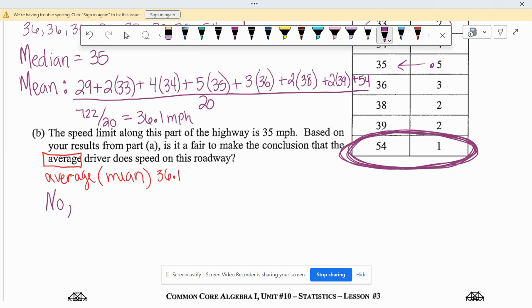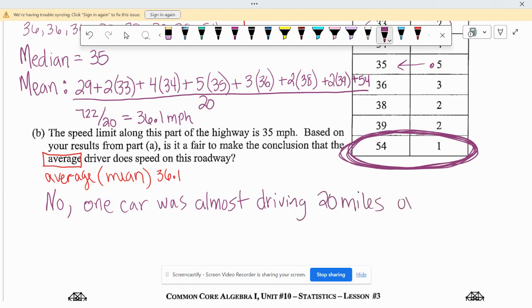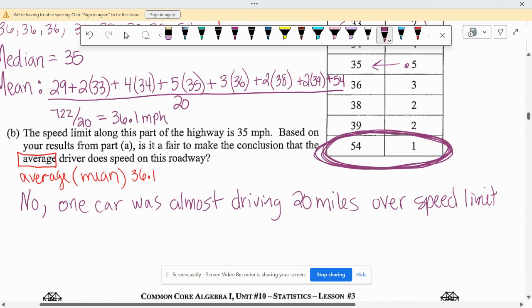Yeah, one car was traveling almost 20 miles over the speed limit. So that's probably not going to give us a very fair average, right?